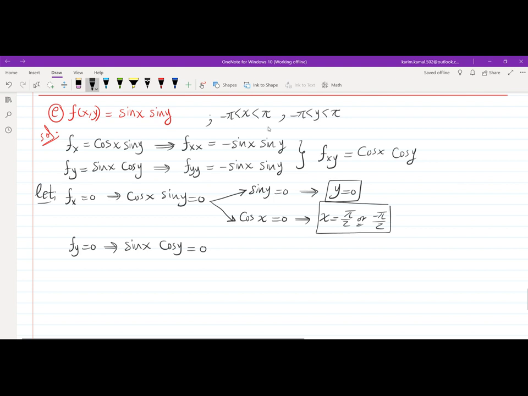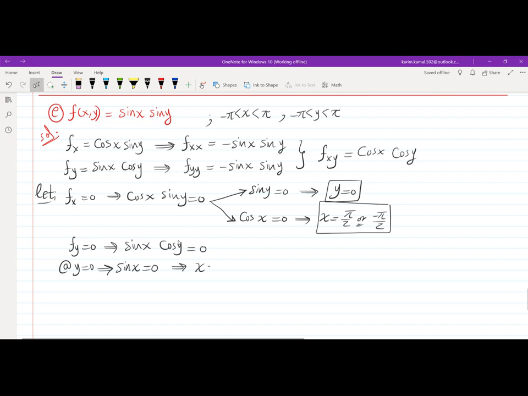For example, at y equal to 0, cosine y will be 1, then sine x equals 0, and this occurs in the interval only at x equal to 0.